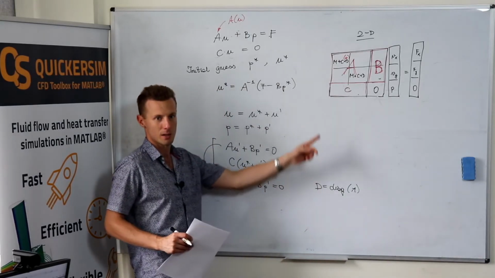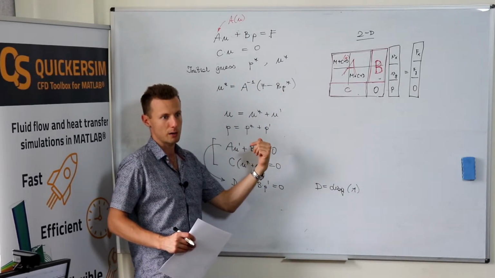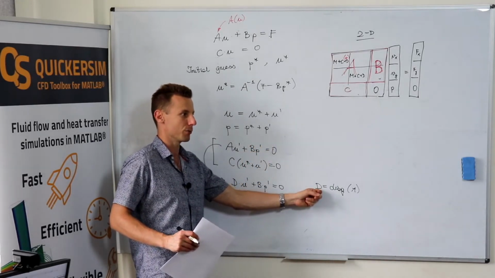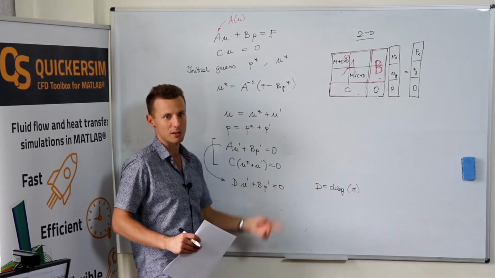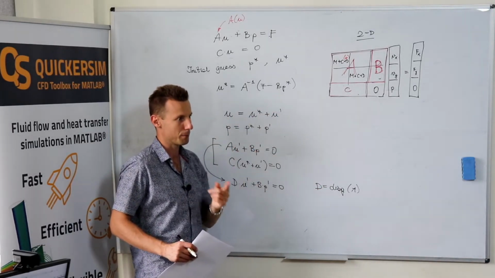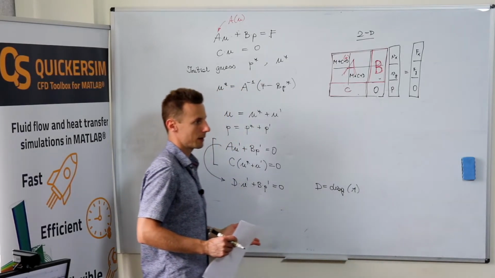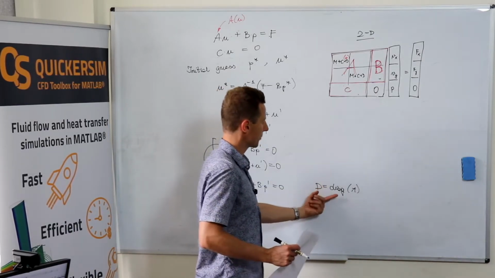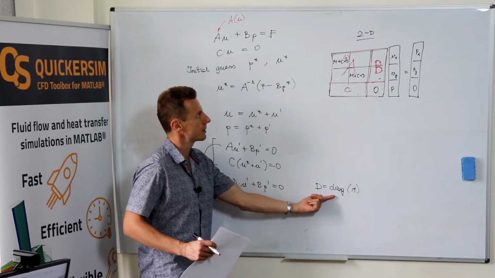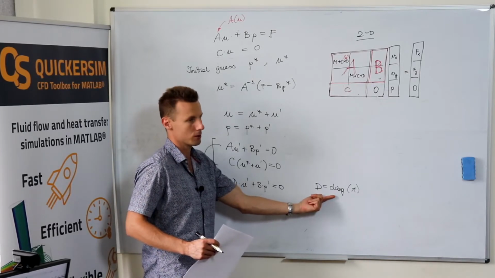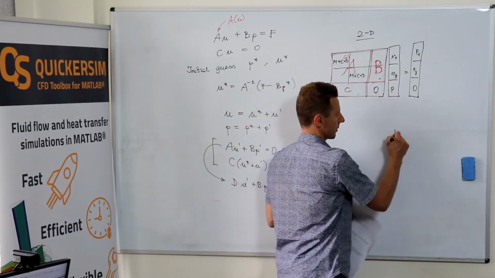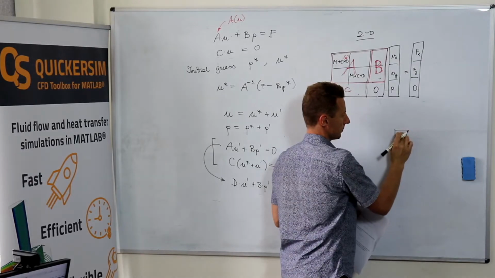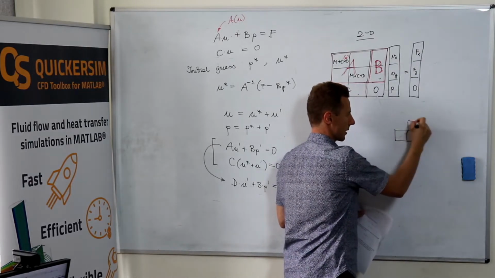That's nice because when we need to calculate the inverse of A, it now becomes the inverse of D, which is just the inverse of each element on the main diagonal. That's extremely cheap numerically. It has its own physical interpretation in the finite volume method. Let me use the staggered grid approach.